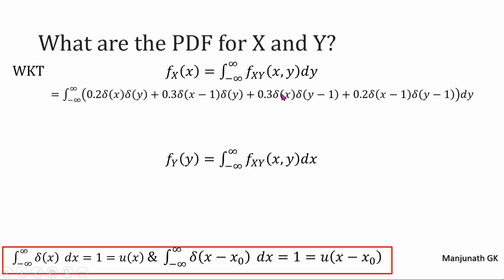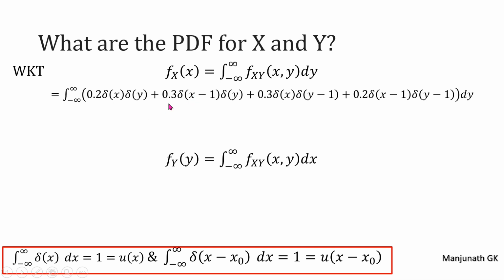Substitute the bivariate PDF and integrate it with respect to y. From the first term, 0.2 and delta x will be constant, so take them outside, because this term is being integrated with respect to y. The remaining term is integration of delta of y dy, which gives u of y that can be replaced by the value 1.